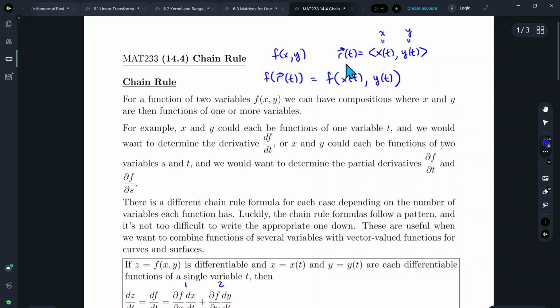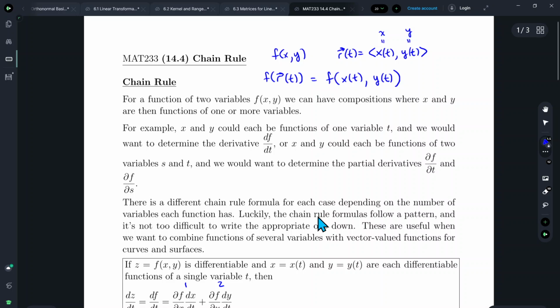Depending on the combination of the number of variables involved, we can have a different example where f is a function of x and y, and x and y are in turn functions of not a single variable, but say two variables, s and t. Each derivative that we're trying to determine has a slightly different chain rule. But luckily, all the chain rule formulas follow a pattern, and it's not too difficult to write the appropriate one down for whatever situation you're dealing with.